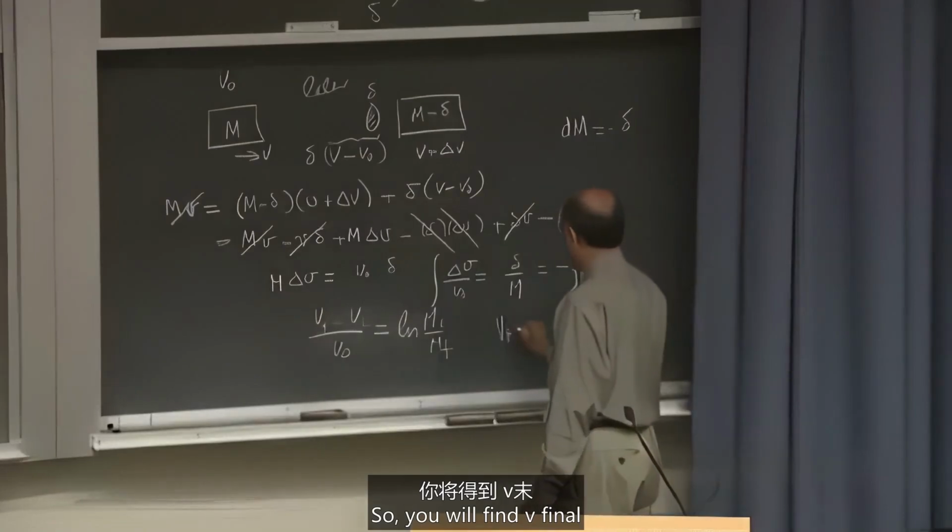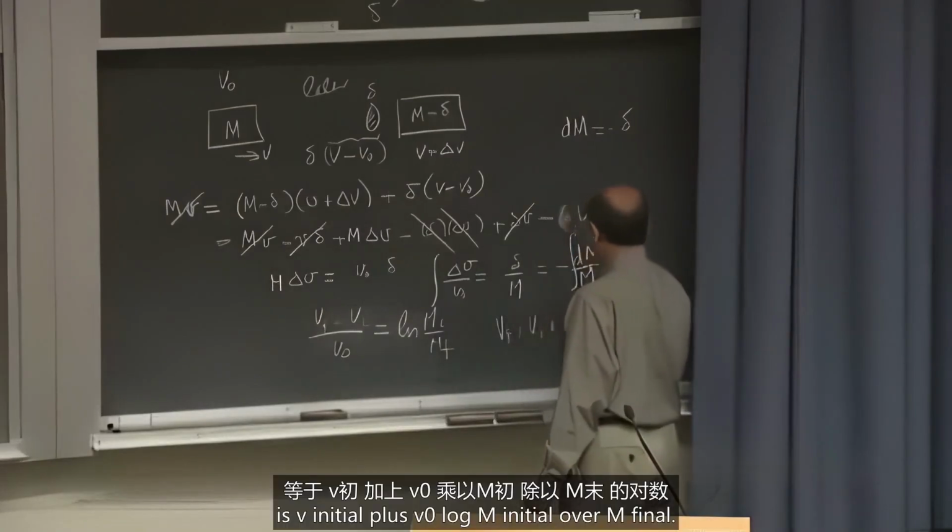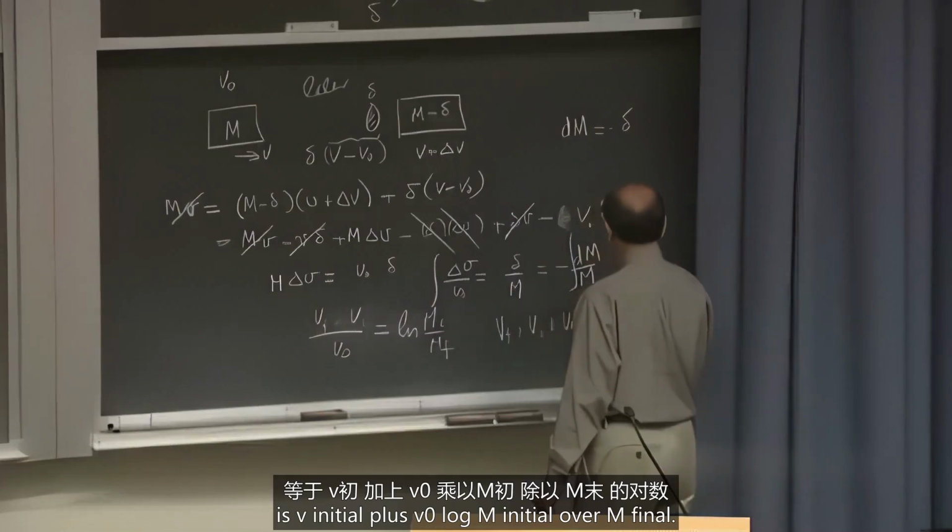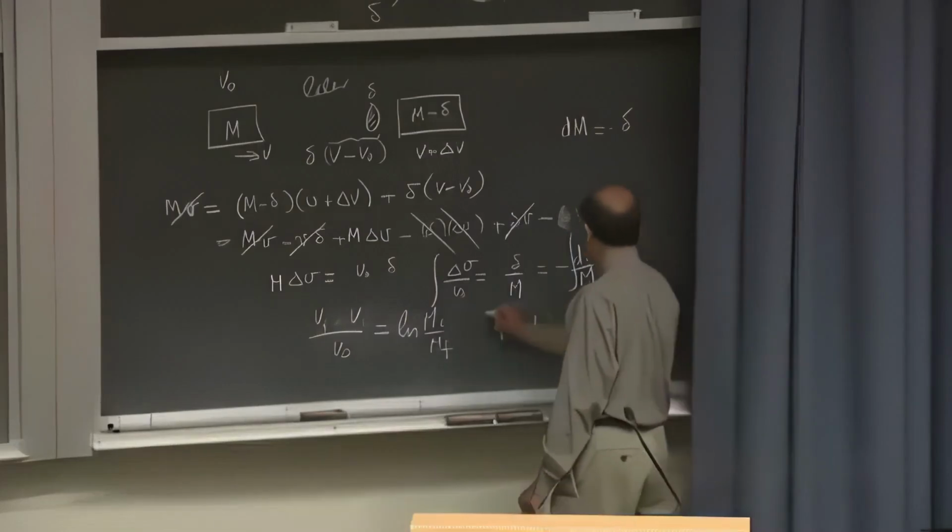So you will find v final is v initial plus v0 log m initial over m final.